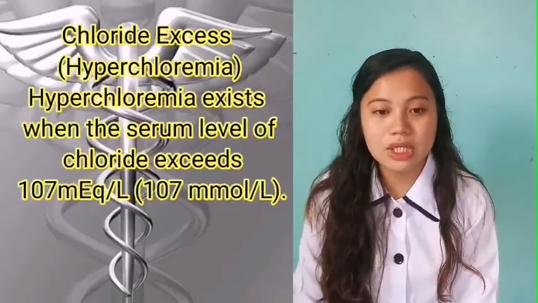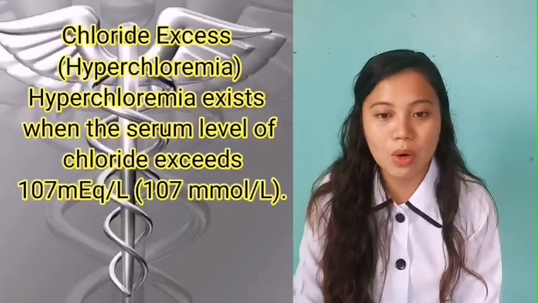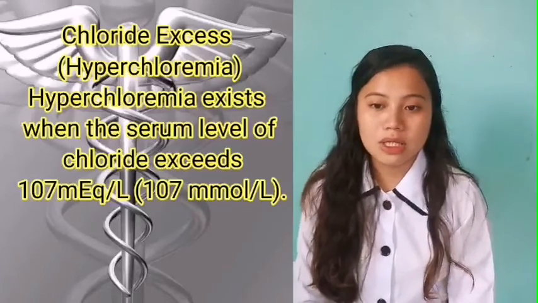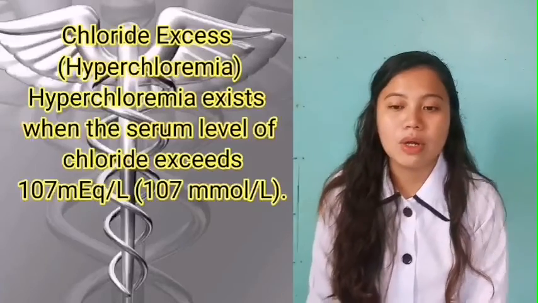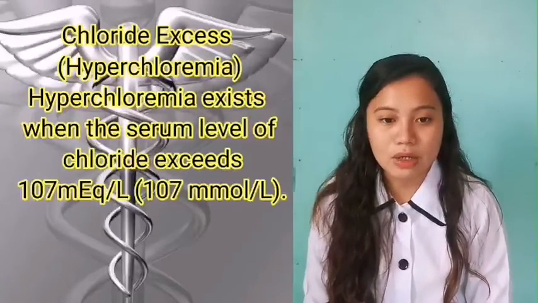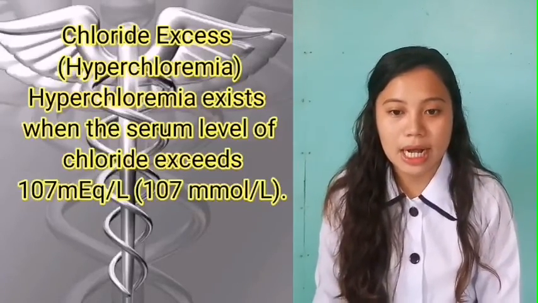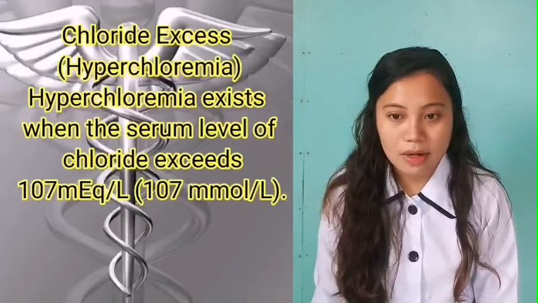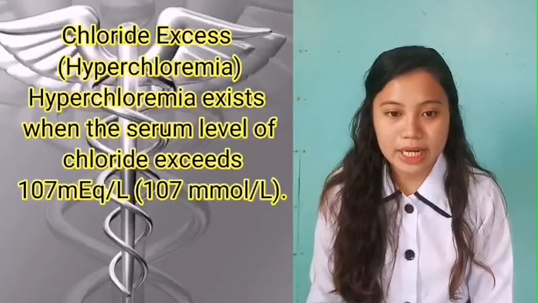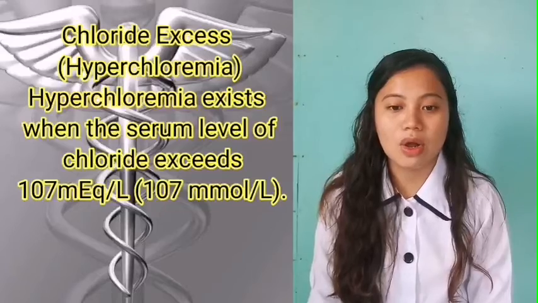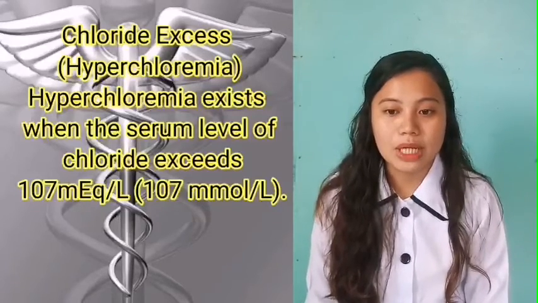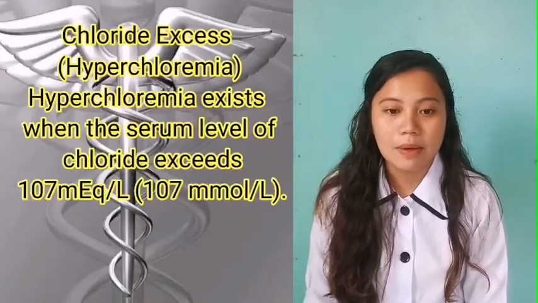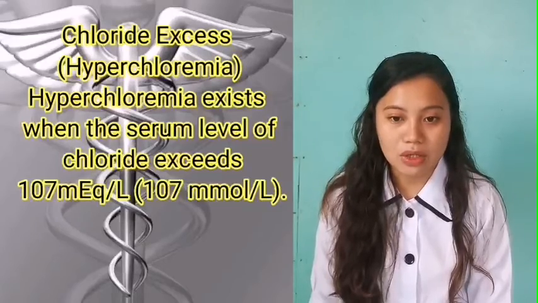This condition can also be caused by the loss of bicarbonate ions via the kidney or the GI tract, with a corresponding increase in chloride, which occurs with a decrease in bicarbonate ions.